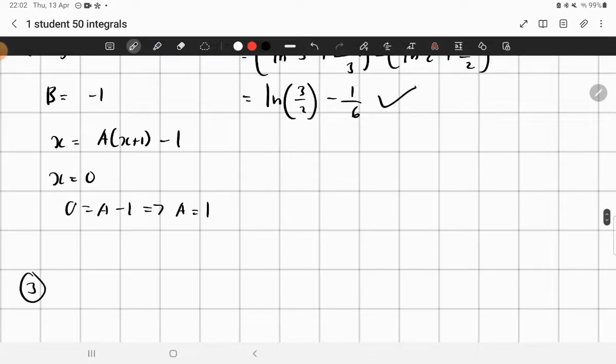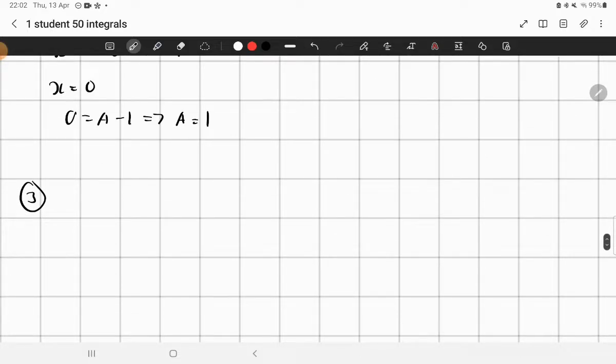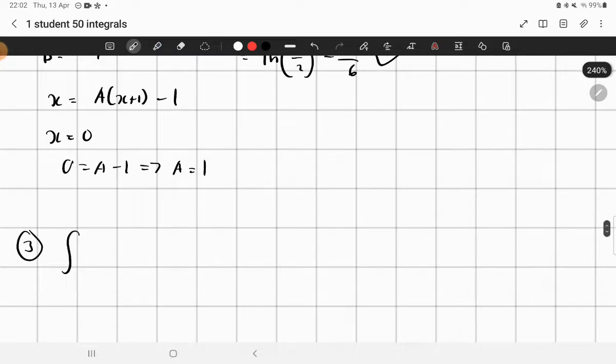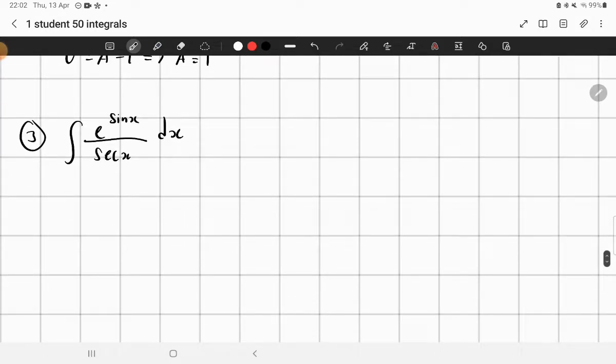So far, no issues. Alright, we have an indefinite integral. So we have, my gosh, e sine of x over secant of x dx. Okay, so this indefinite integral, what I want to do is, we know that 1 over secant of x means cosine of x.